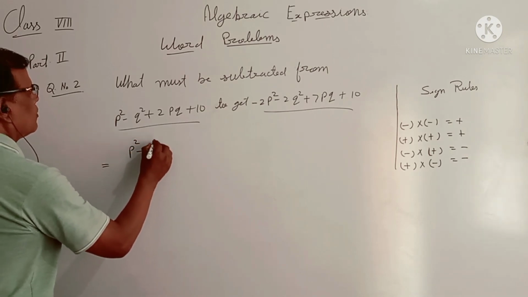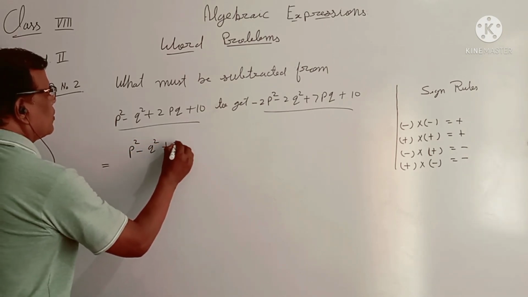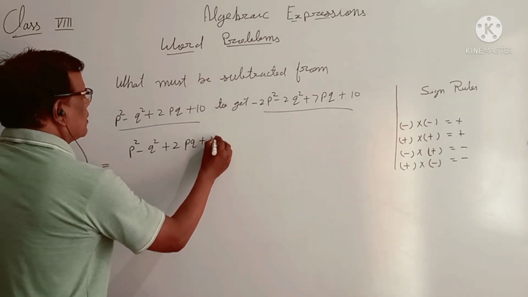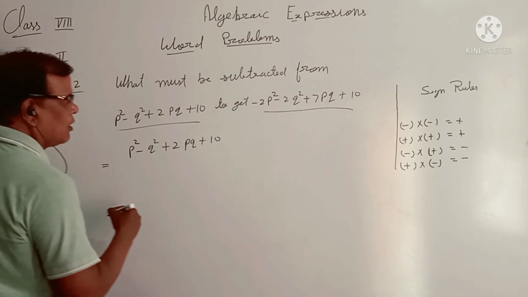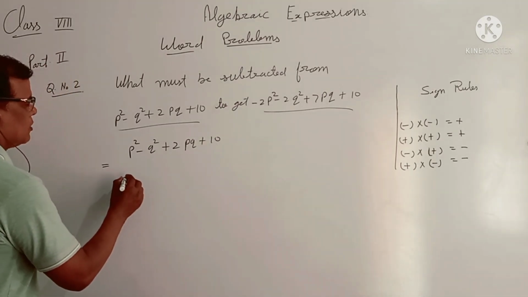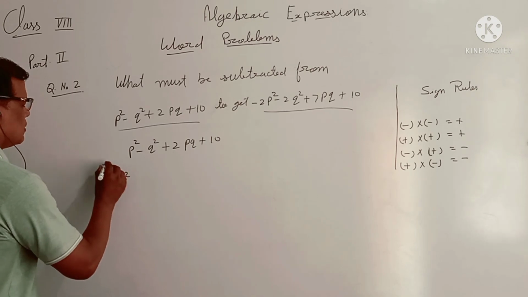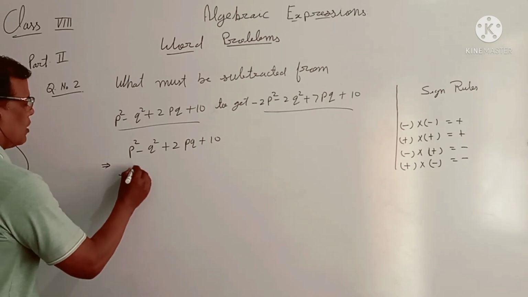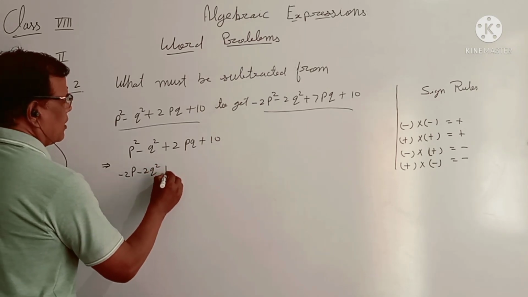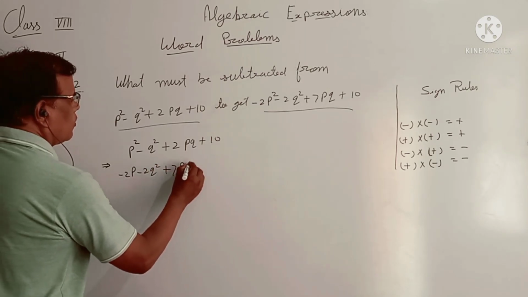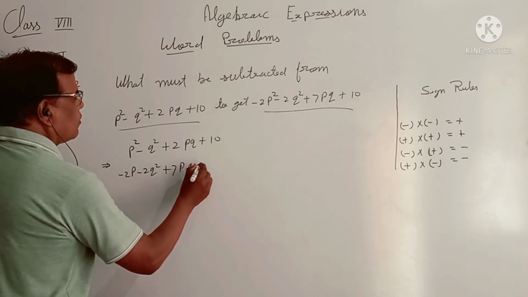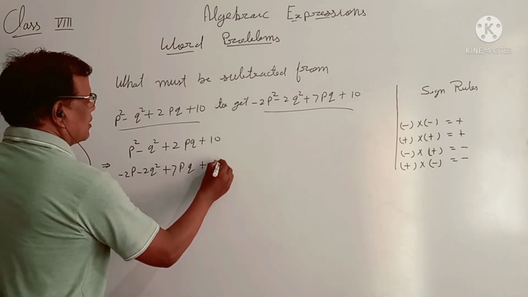p square minus q square plus 2pq plus 10. Just under, we write the given expression as minus 2p square minus 2q square plus 7pq plus 10.